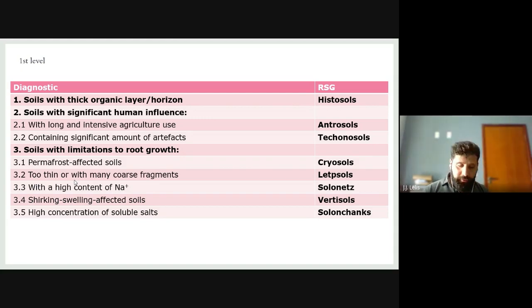And we also can find some soils that possess a limitation to root growing because of a chemical process, that is the high concentration of salts. And these salts increase the electrical conductivity, and it does not help the vegetation grow.